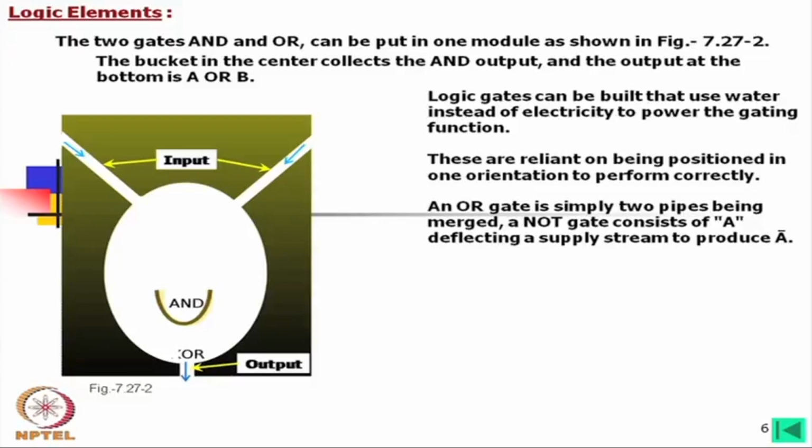Then we call it the inverse, NOT of that. The output could be A, but by applying a disturbance we get the output A bar, not A, designated by A bar. So, it is called a NOT gate.